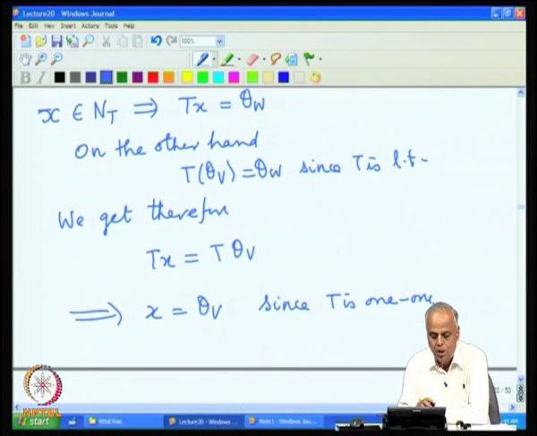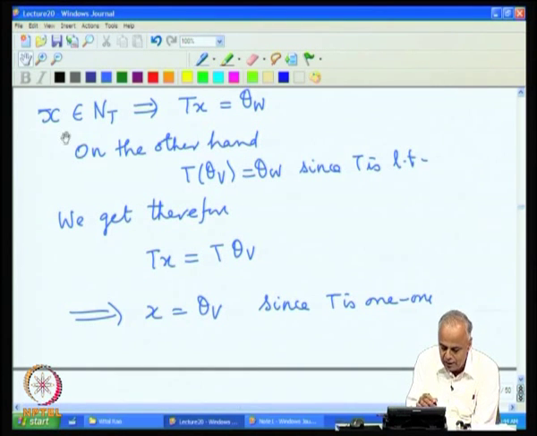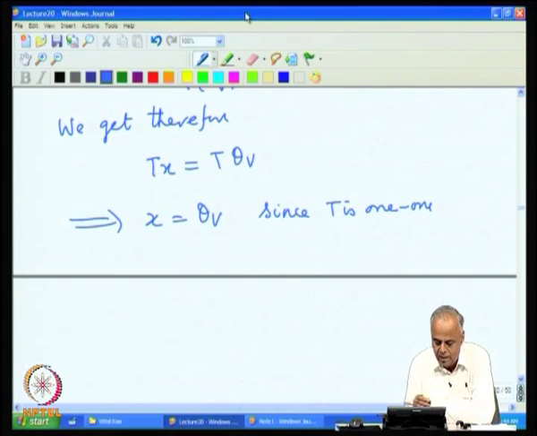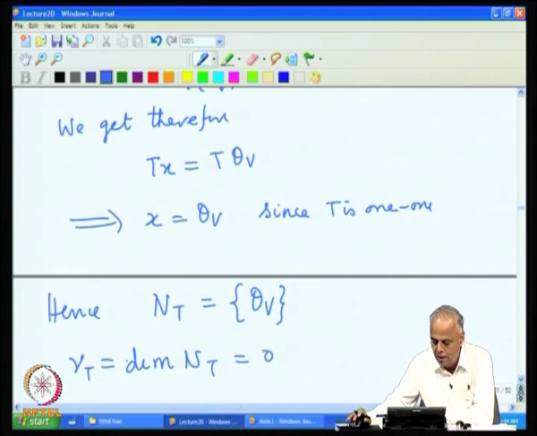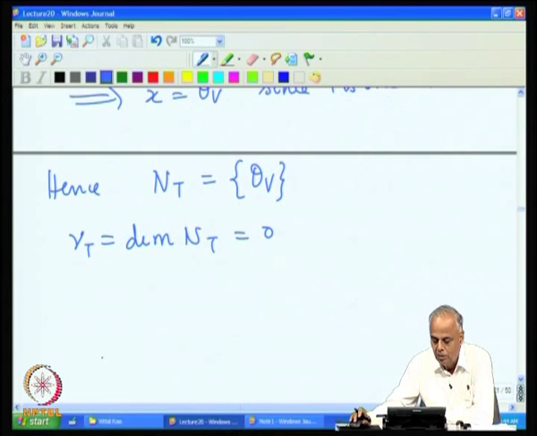That says the only vector which is in the null space of T is the 0 vector, because if x belongs to the null space of T, it has to be the 0 vector. So, the null space of T must consist of only the 0 vector, therefore, the dimension of the null space of T, or the nullity of T, must be 0.